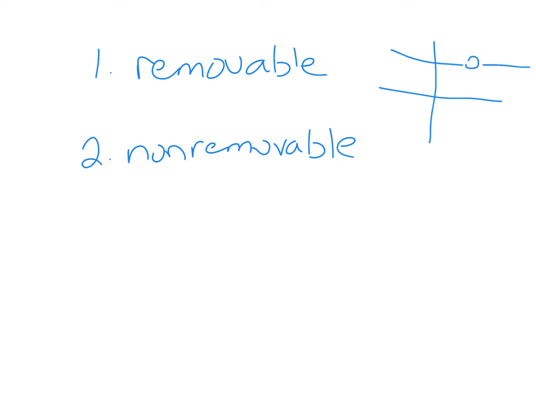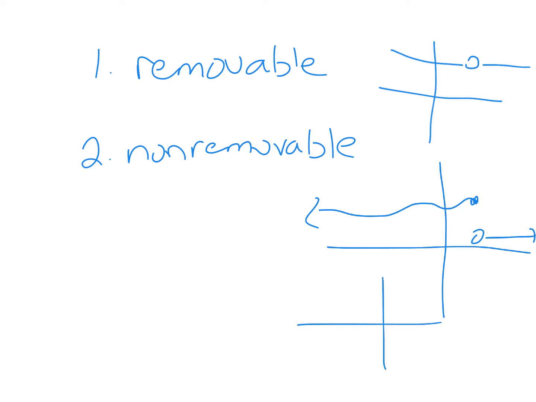And then there's non-removable. A non-removable is when we have jumps, right? Let's do that, a closed circle there, and then it starts back up right here. So that would be a non-removable when we see a jump. Or it could be infinite, like one of these. That would also be non-removable.